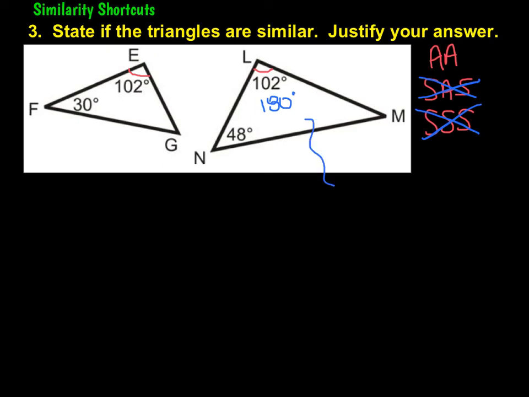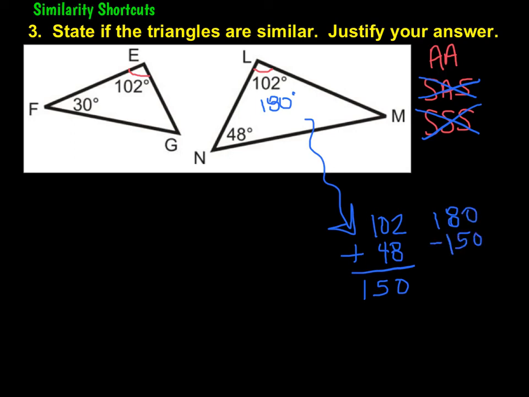So off to the side here, we're going to add 102 plus 48, and we get 150. We subtract 180 and 150, we get 30. So that means that this angle is 30 degrees.